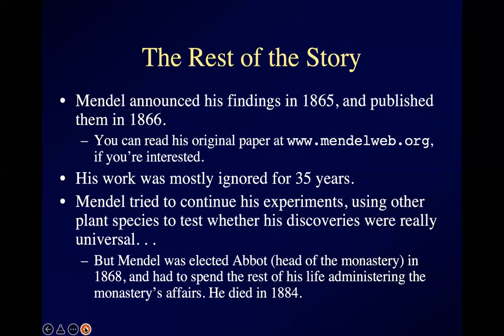He was elected abbot of the monastery in 1868. He had to spend the rest of his life administering the monastery's affairs and getting into political tensions with the government of the Austro-Hungarian Empire, which I do not fully understand what he was up to, but he never did any more science, unfortunately. And he died in 1884.